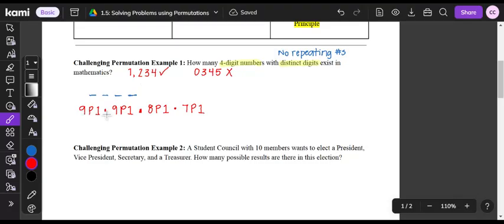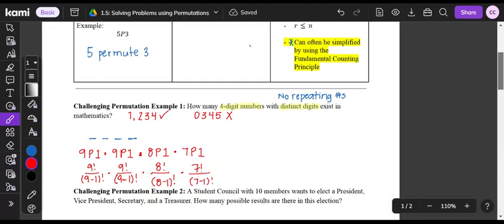All right. So now if I were to do this, I would end up with 9 factorial over 9 minus 1 factorial, times 9 factorial over 9 minus 1 factorial, times 8 factorial over 8 minus 1 factorial, and then times 7 factorial over 7 minus 1 factorial.